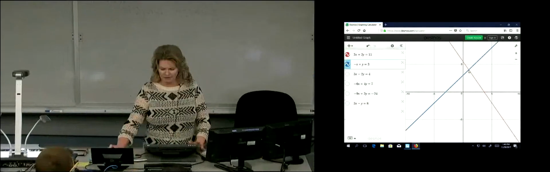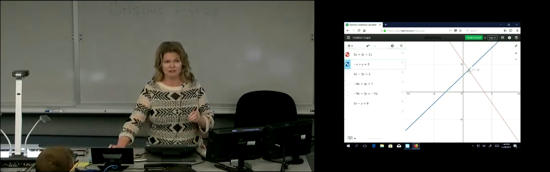Okay, guys. So at the end of our last class, I worked a system of equations, and I showed you the substitution method, and I showed you the elimination method. I also talked about how graphically what is happening is it's showing you where these two lines intersect at this point.